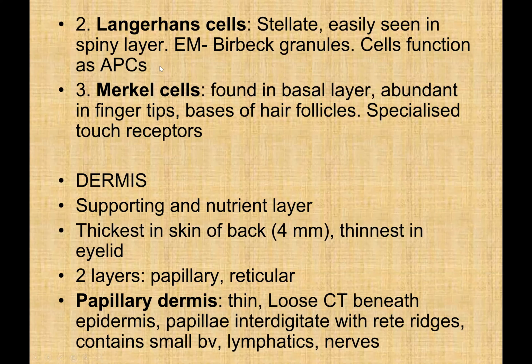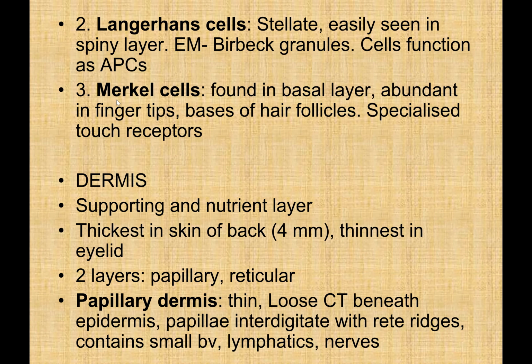The T helper cells identify that this thing is actually not normal flora, and then they present it to the cytotoxic T cells, which will then do justice to it. It tells them, this is actually not part of us, so please quickly kill it. So that is the meaning of antigen presentation. Do you understand now?